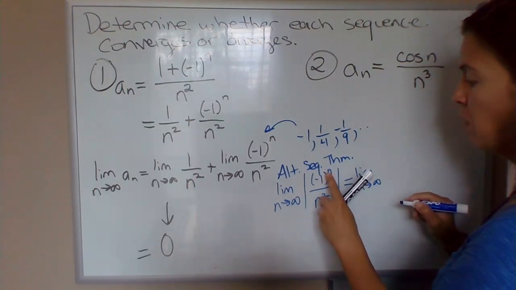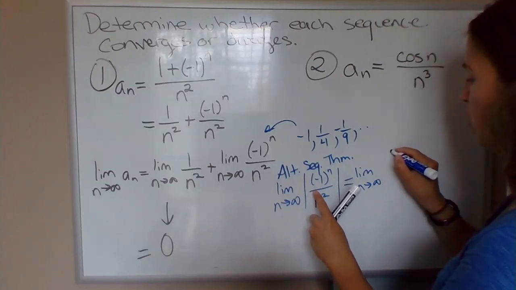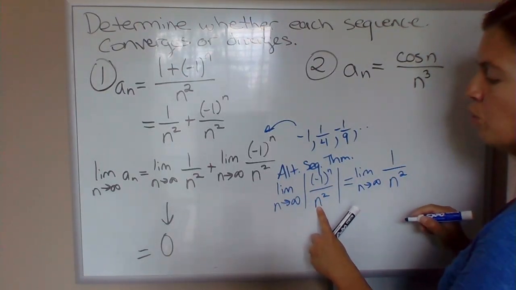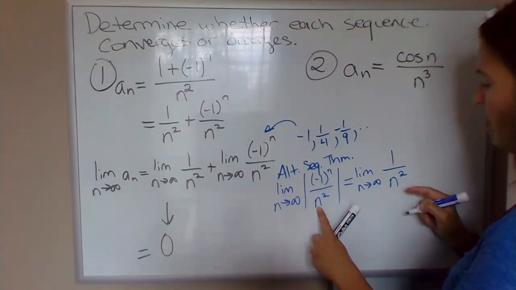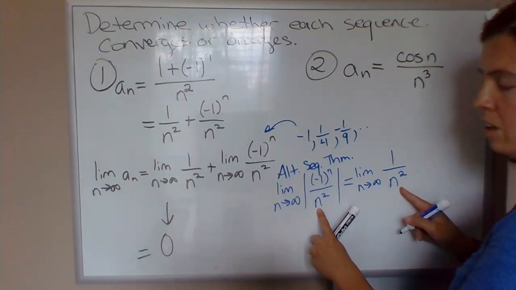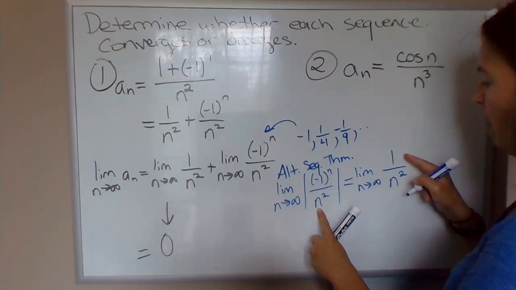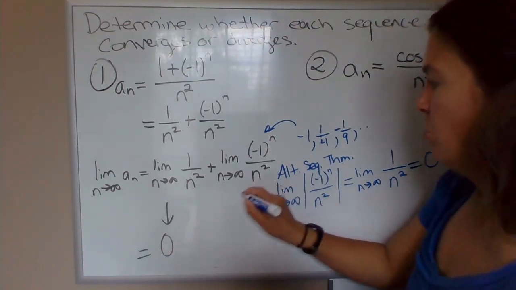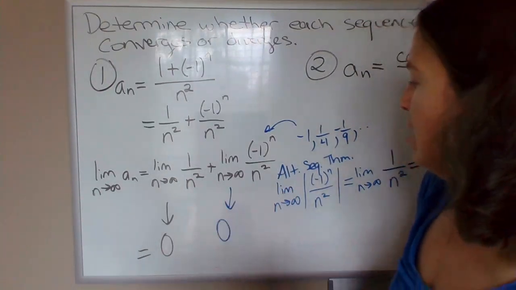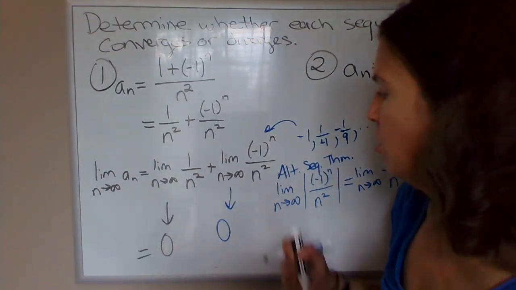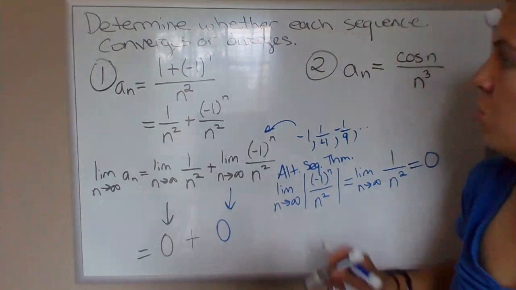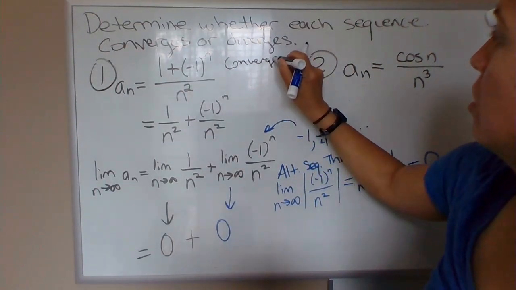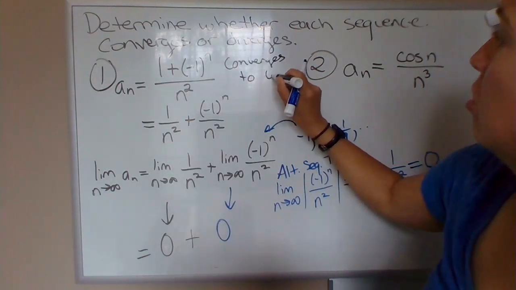But if this is always plus or minus 1 and we take the absolute value, that's always going to be 1 over n squared. N squared will always be positive, so the absolute value is just n squared. And so now this has the form 1 over infinity, so it's approaching 0. So this piece right here, by the alternating sequence theorem, is also approaching 0. And so this sequence converges to 0.